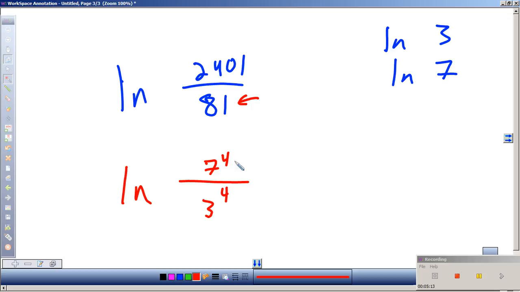Is everybody looking at where those came from? So now we can start using our rules. What does division change into? Subtraction. So I can change this into ln of 7 to the 4th minus ln of 3 to the 4th. Okay? And now we're going to do one more step.